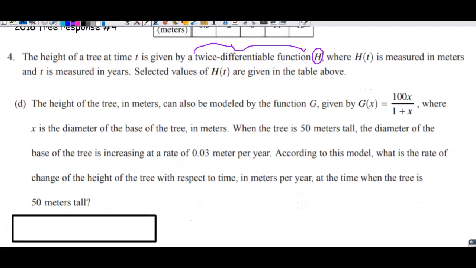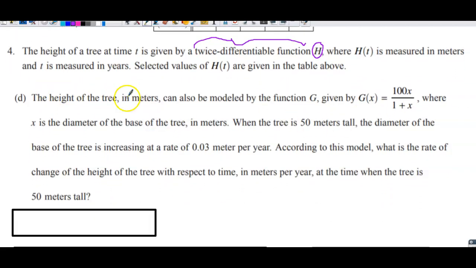What do they want us to do? The height of the tree in meters can also be modeled by the function g. So now they've told us to kind of ignore the table for now, and they have a new function which also models the height of the tree, except this time it's called g instead of h, where x is the diameter of the base of the tree in meters. When the tree is 50 meters tall, remember the height of the tree is g.